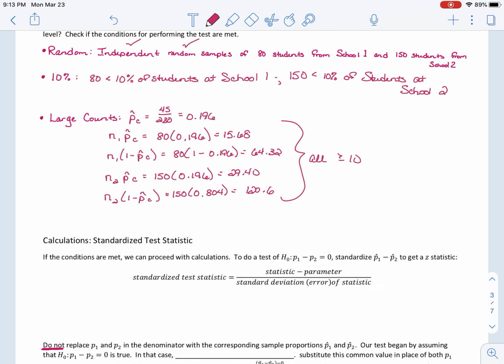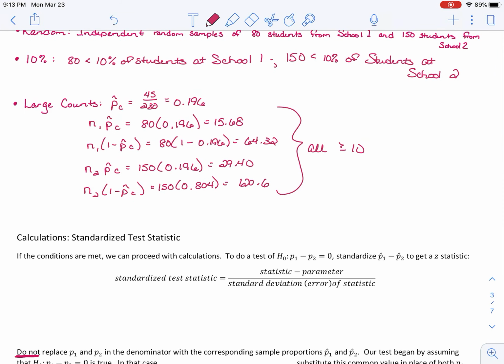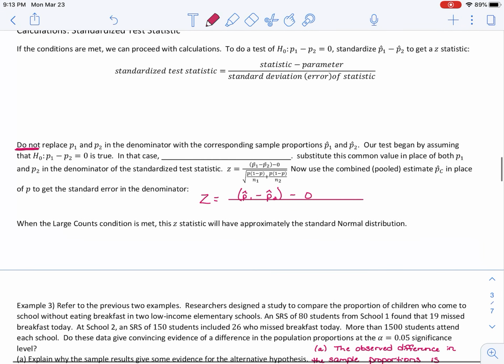So once you meet your conditions, you can go ahead and calculate your standardized test statistic. So to do a test where we are assuming that the 2 population proportions are equal until proven otherwise, we need to standardize the difference in our sample proportions. So that is your statistic. This is going to look kind of messy, but our test statistic is still a z value.